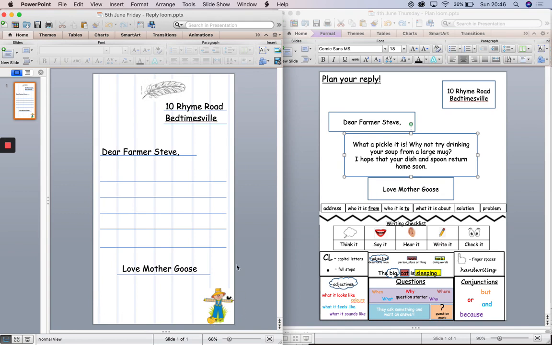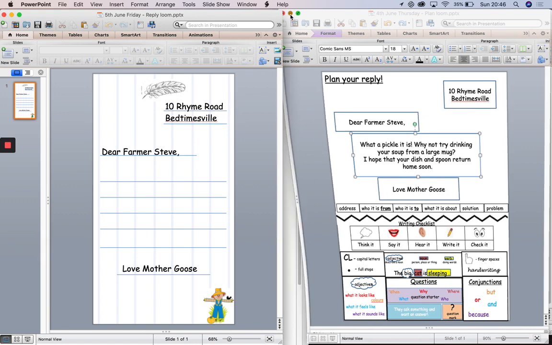You can choose to print it off, or you can just write it neatly on another sheet to help you out. Again, with the plan, if you don't want to print it off, that's absolutely fine, but I would make sure you've got your checklist somewhere nearby because it's very helpful when you're doing your writing. So you would copy up your work very neatly onto here, making sure you're using your capital letters, full stops, and everything else as we go.